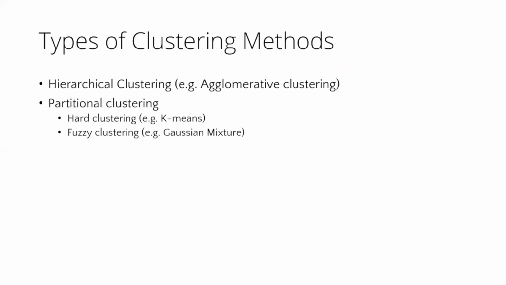Now, we're going to use these two notions to define clustering methods mathematically. There are two different types of clustering methods. One is a class of methods that belongs to the category of hierarchical clustering, and another kind of method belongs to partitional clustering.